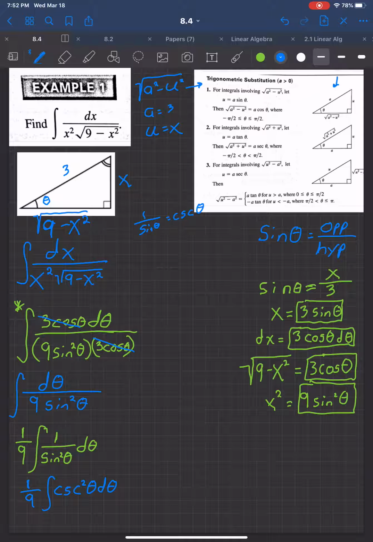Now, at this stage, we want to take our antiderivative, so we want to integrate this. We've done the hard work. This should be some reference point, right? Like you would look up a formula, we should be able to look up what the integral of cosecant squared is.